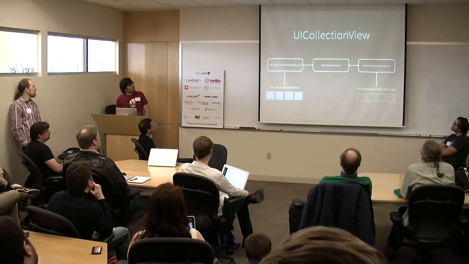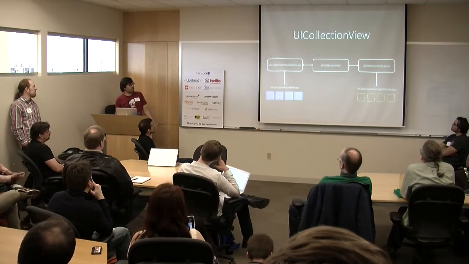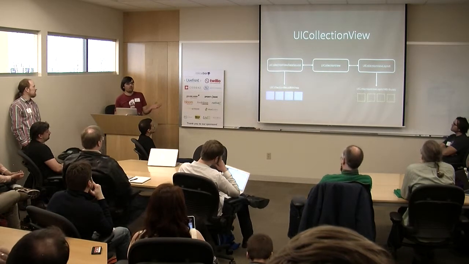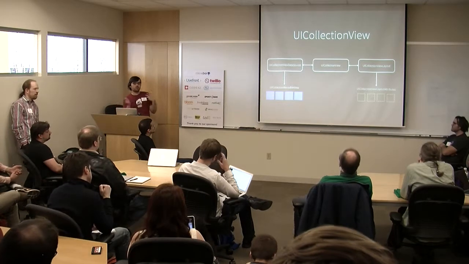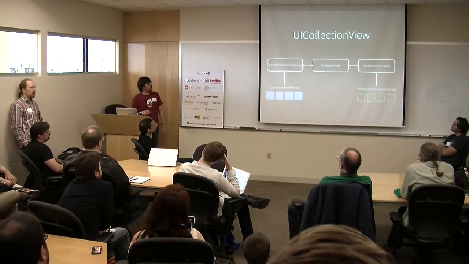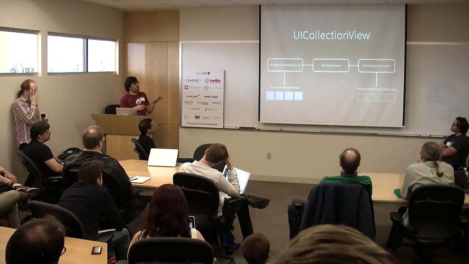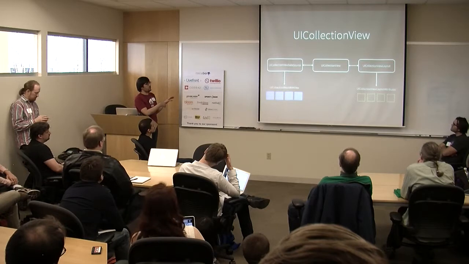So, at a high level, what objects are involved with the collection view, again so we can get the background for how we actually go about introducing some physics-based stuff into our layouts. You have the collection view in the middle, and on the left side you can see the data source.